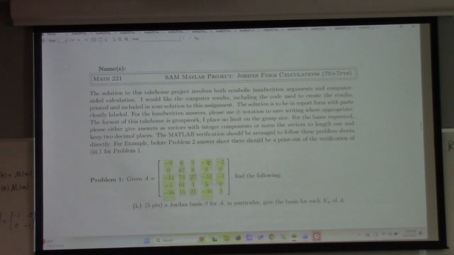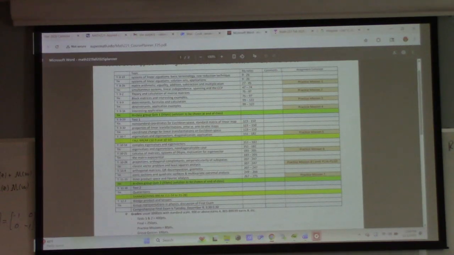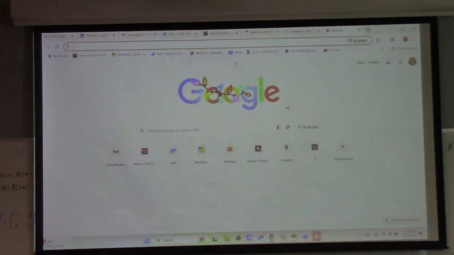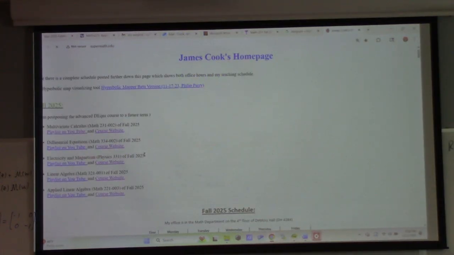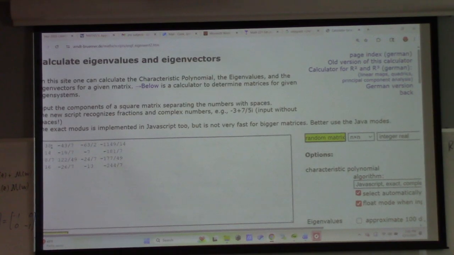Let's see if I can actually just cut and paste that into. Try not to open up an email. Let's see here. So if we go to my favorite silly website. Actually, this is not silly.